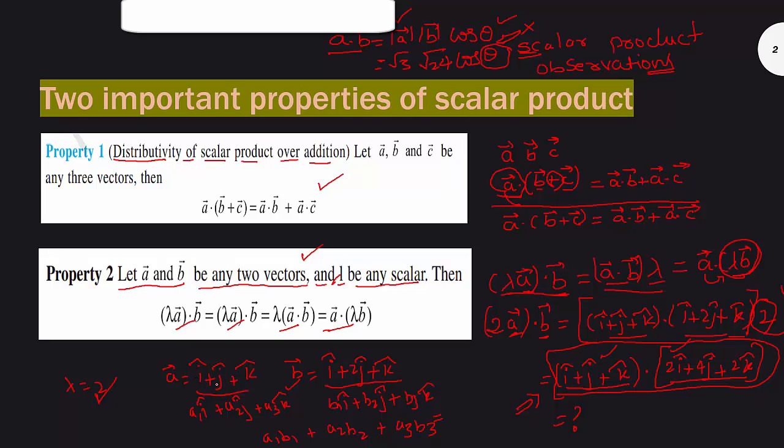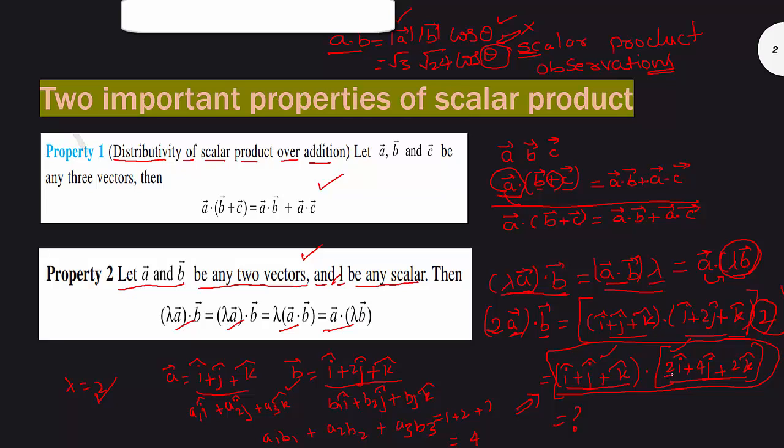A1 value is 1, a2 value is 1, a3 value is 1. So 1 here, b1 value is 1. Therefore 1 into 1 is 1, 1 into 2 is 2, 1 into 1 is 1. So here you can get the answer as 4. Here also you can calculate.